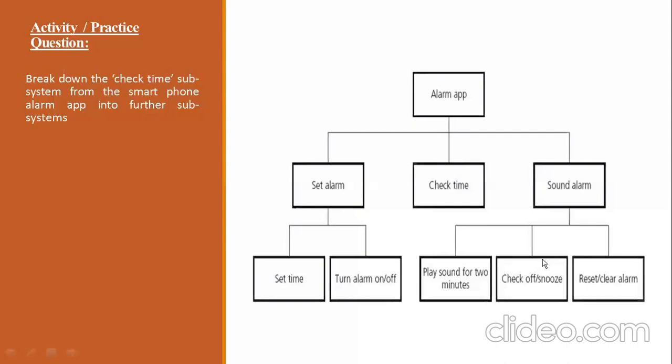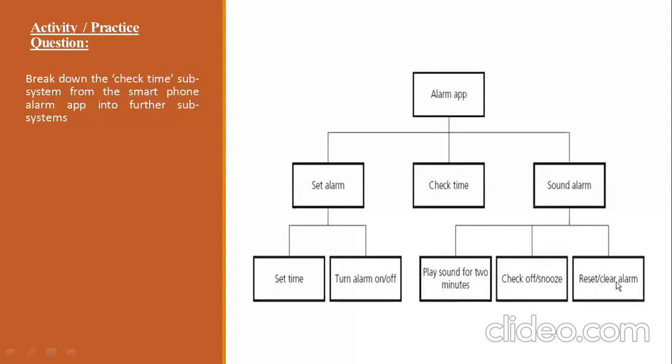It doesn't mean that you are dismissing the alarm, but you are pausing alarm for some time, like for 10 minutes, and then the alarm will ring again after 10 minutes. Okay, so we will start by making program for play sound for 2 minutes, then we will proceed to snoozing, and then finally reset or clear alarm.